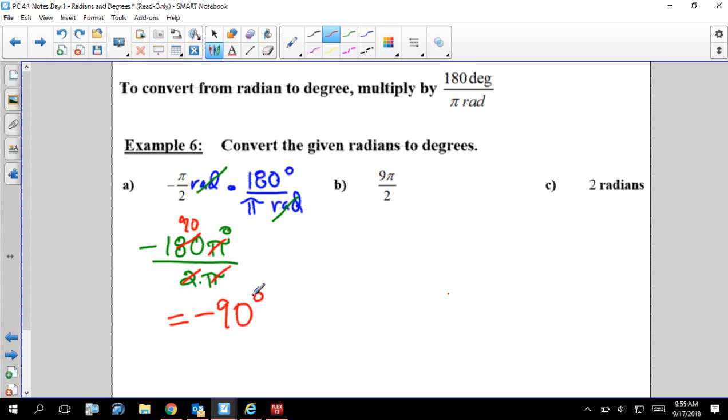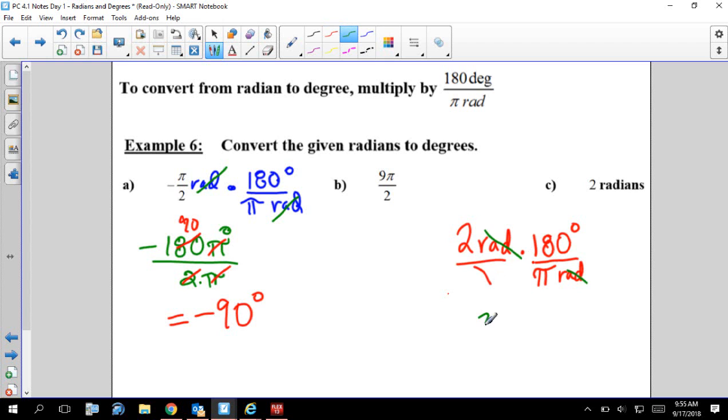Look at the very last one, 2 radians. We want it to be in degrees when we're done, so we multiply by degrees. But you can't just multiply by 180, you have to multiply by a value of 1, and it's going to cancel the radians. So we cancel our radians.